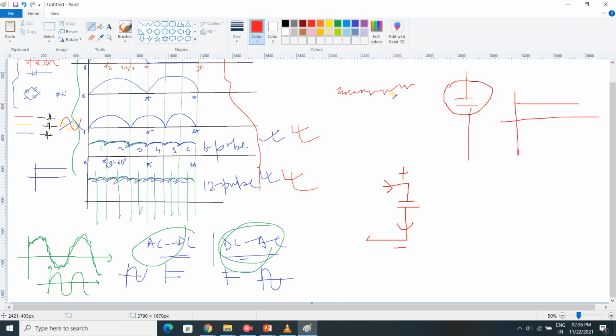Since the capacitors are charging and then discharging, before the discharge they are charged to voltage VC. Then when they discharge across any load, the discharge voltage will also be VC. This is positive, this is negative. So you will get a stiff, stable curve.